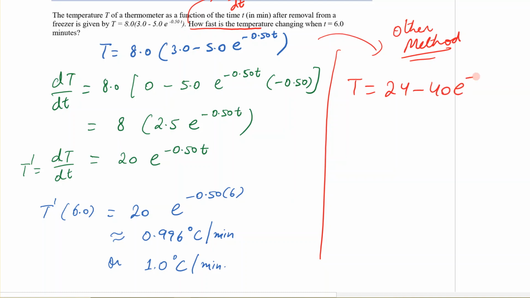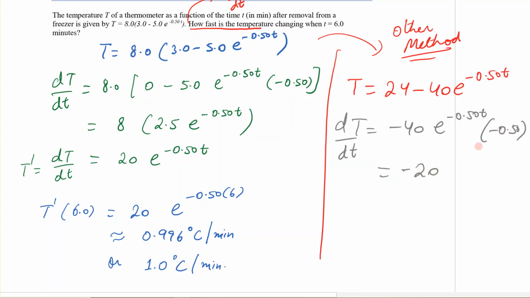So T is equal to 24 minus 40 e raised to power negative 0.50 t, and dT over dt is equal to, derivative of 24 is 0, negative 40 e raised to power negative 0.50 t times, by chain rule, negative 0.50, and again negative negative is positive, so we get 20 e raised to power negative 0.50 t.